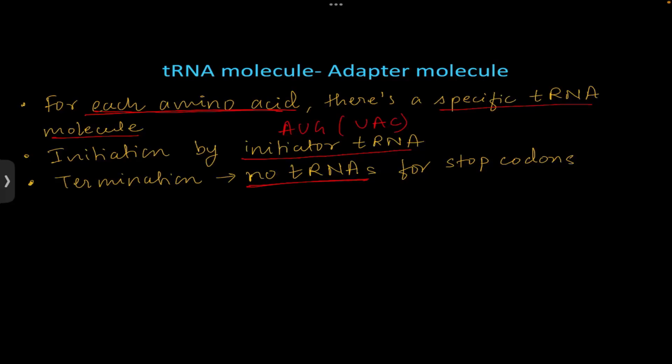For these three types of stop codon, there are no tRNAs. It happens through the binding of another kind of protein or molecule. So for termination, there are no tRNA molecules for the stop codon. And for initiation, there is an initiator tRNA.